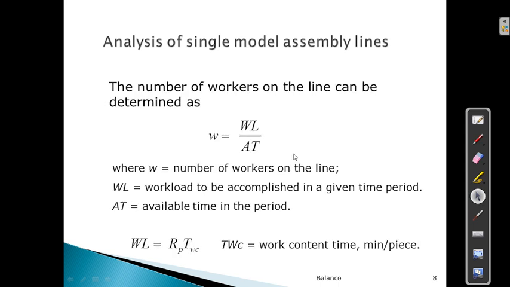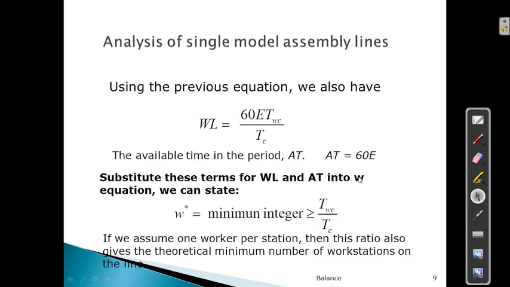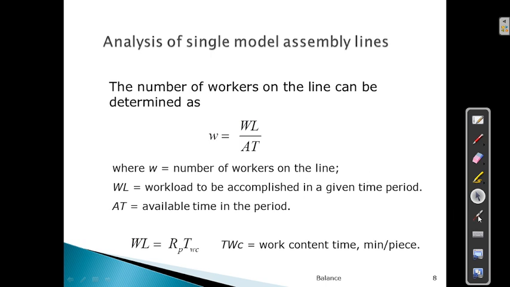Then the number of workers on the line can be determined as small w equal to WL divided by AT, where w is the number of workers on the line. WL is the workload to be accomplished in the given time period.